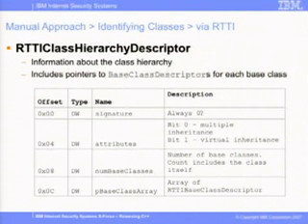It contains the number of base classes, how many base classes the class has, and then it contains an array of data structures for each base class, called the base class array.